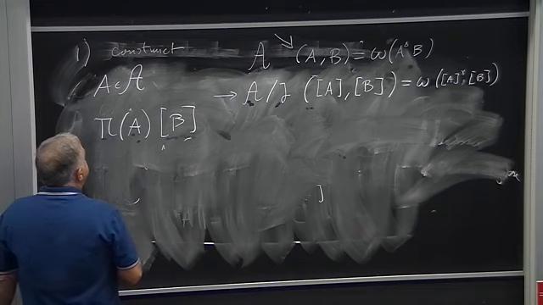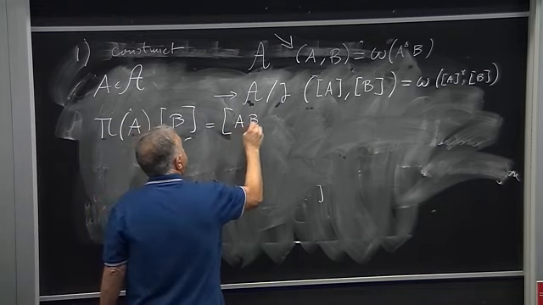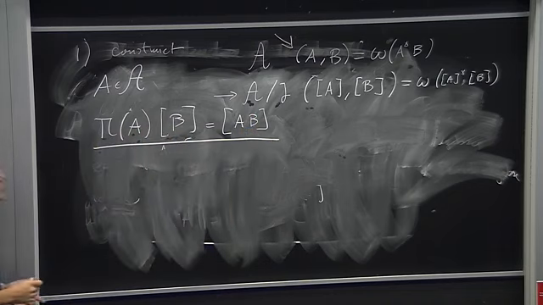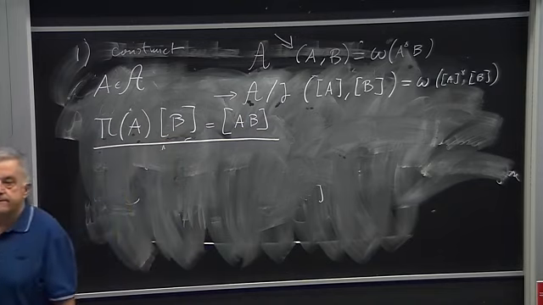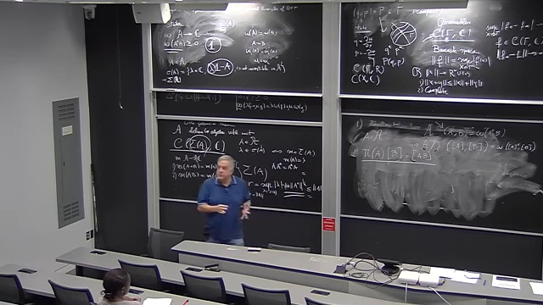We define this in the obvious way. It's the equivalence class of AB. This definition is well posed because the ideal is a left ideal. So this is more or less obvious.